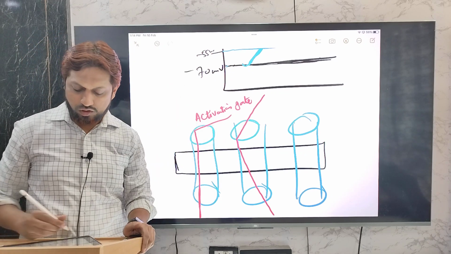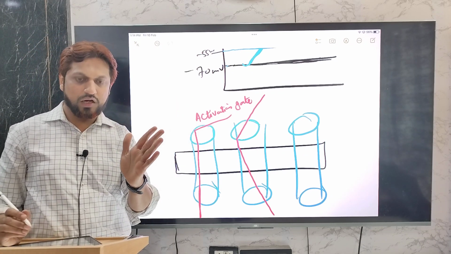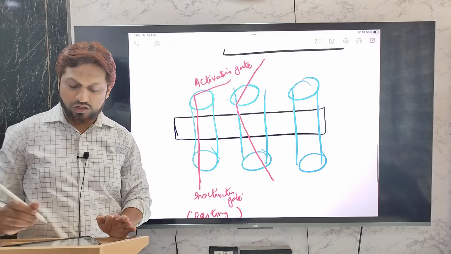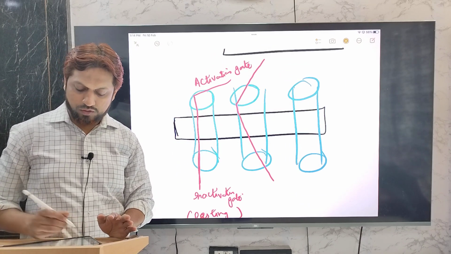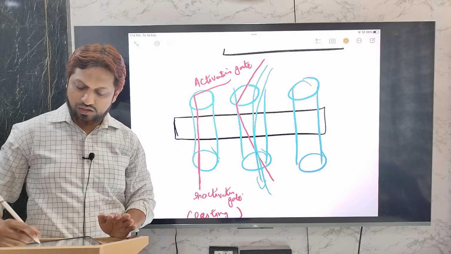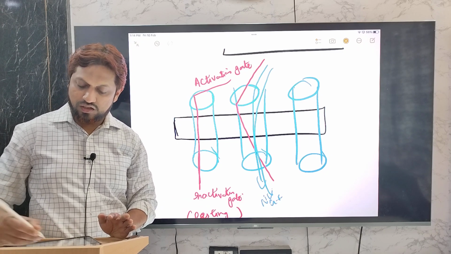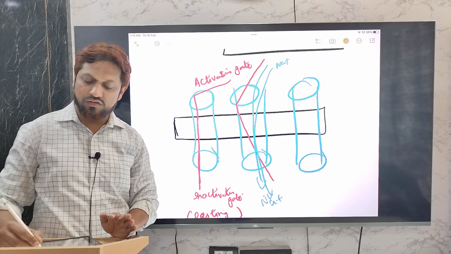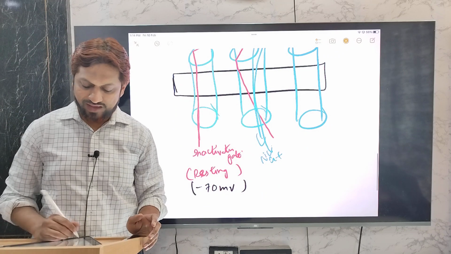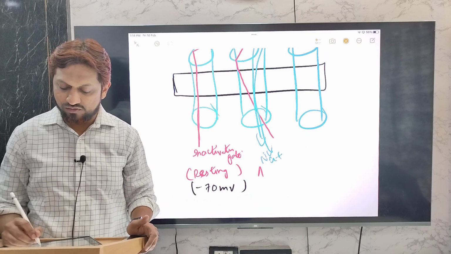During this phase, when the activation gate is open and the inactivation gate is still open, sodium ions from outside, from the ECF, will enter into the ICF. This is called the activated phase.